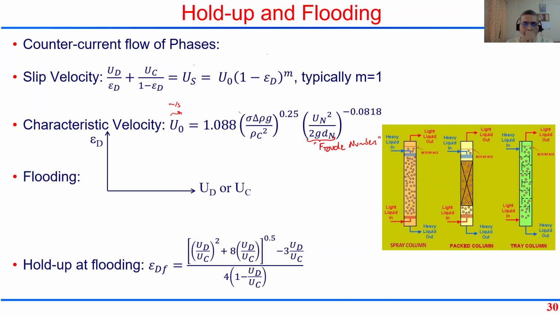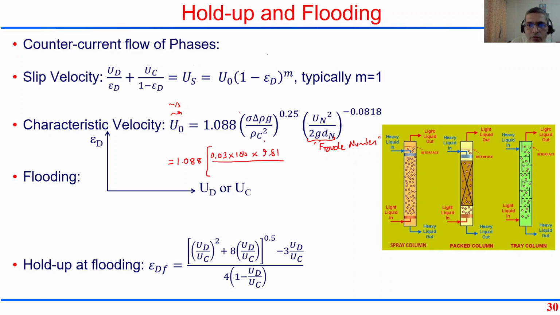Okay, let's just put in these numbers. 1.088, sigma 0.03, that's what we had. Delta rho, 1000 and 900, so this was 100, times 9.81.